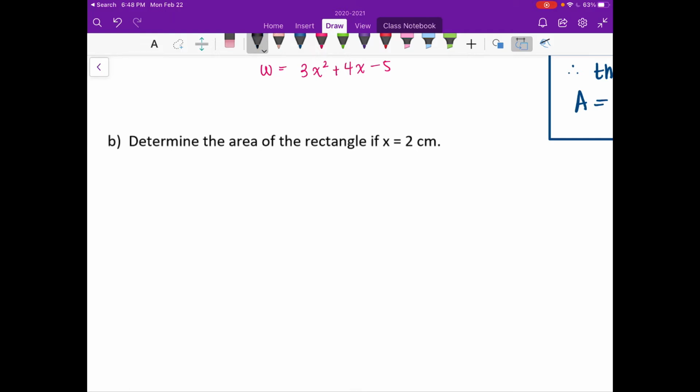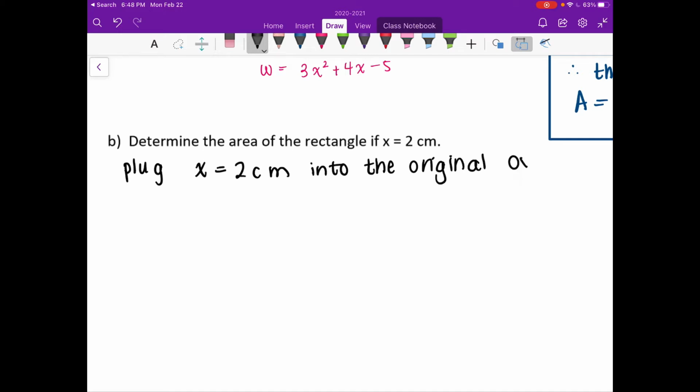So to do this, plug x is equal to 2 centimeters into the simplified expression, which is just that one over there.